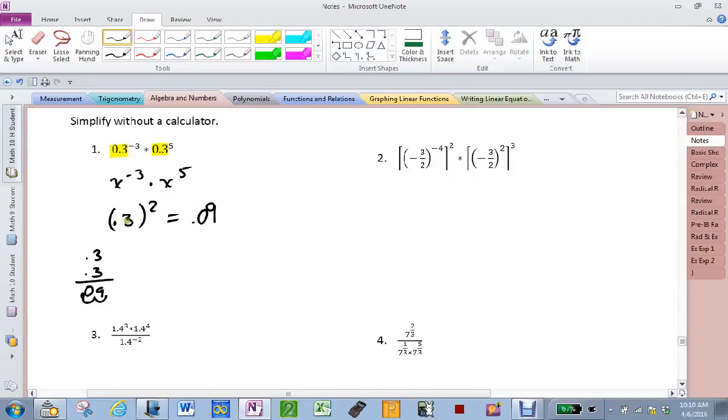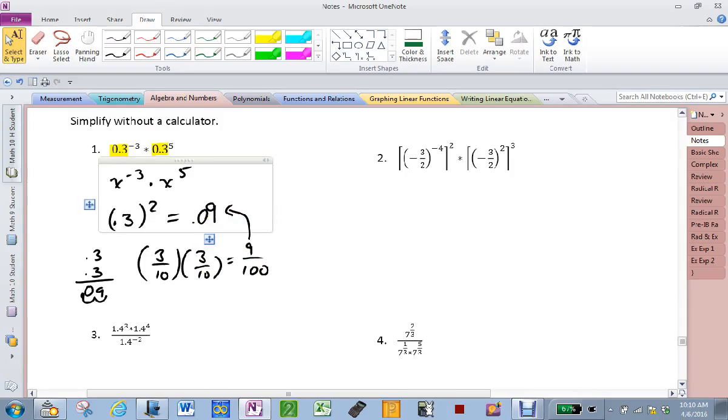Or, you remember that 0.3 is 3/10, yes? And 3/10 squared is 9 over 100, which happens to be 0.09.